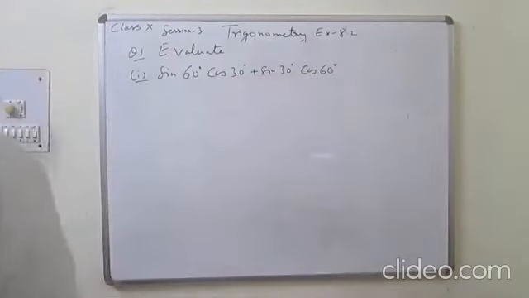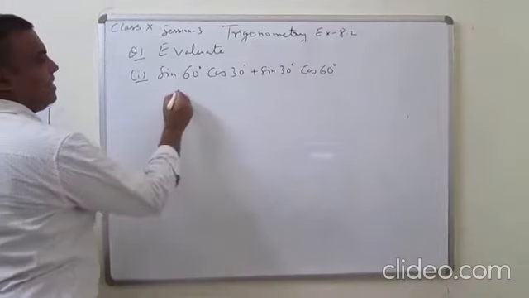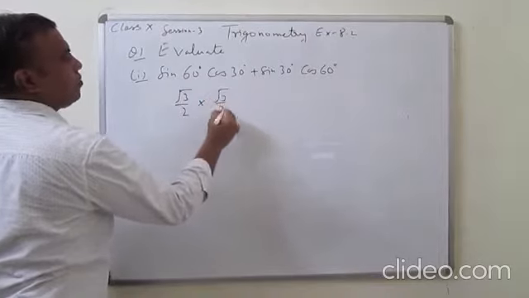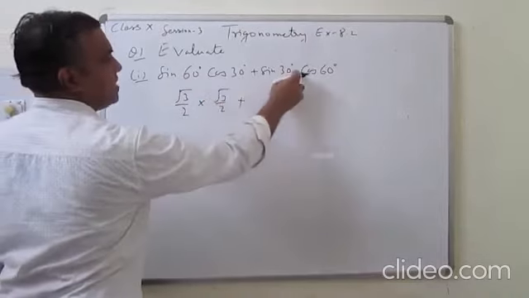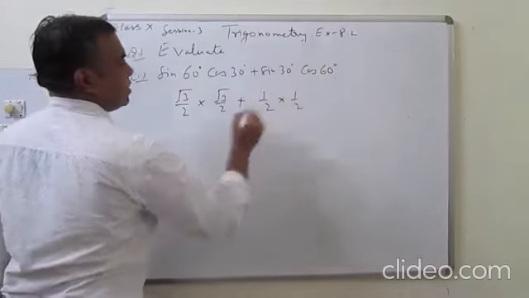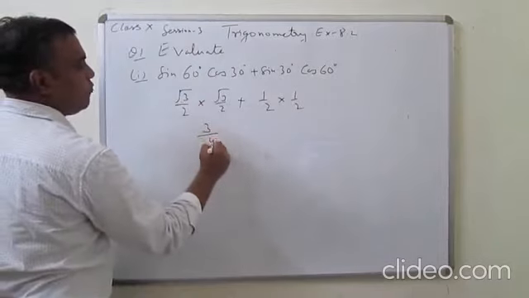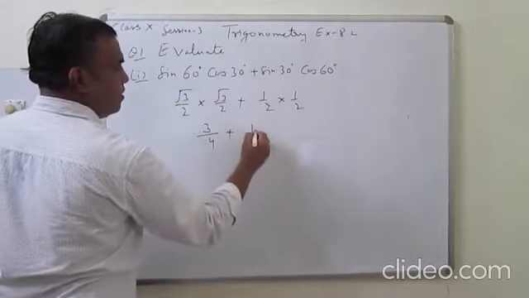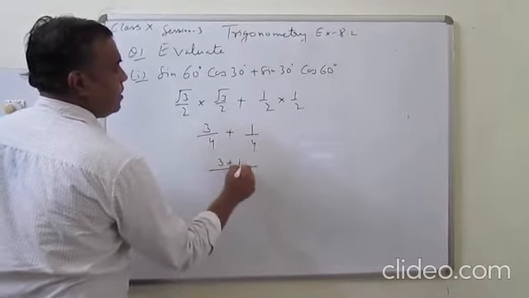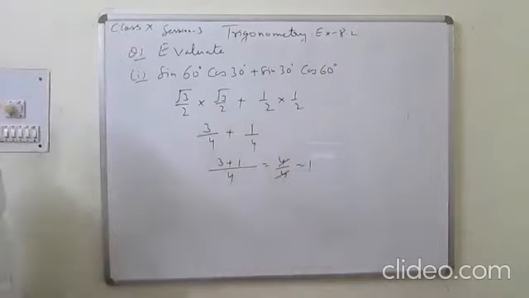Now we have to evaluate it. What is the value of sin 60? It is √3/2. Cos 30 is √3/2, plus sin 30 is 1/2, cos 60 is 1/2. √3 times √3 is 3, 2 times 2 is 4, 1 into 1 is 1, 2 times 2 is 4. Take 4 LCM. 3 plus 1 is equal to 4 upon 4 is equal to 1.